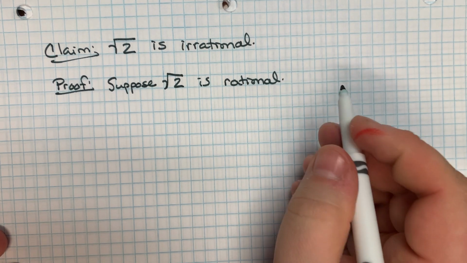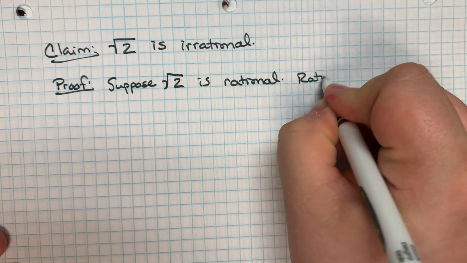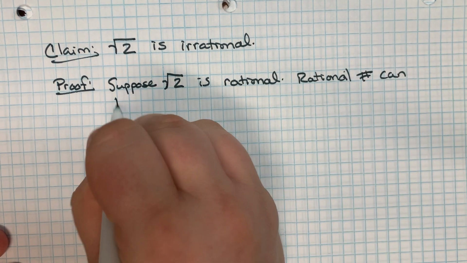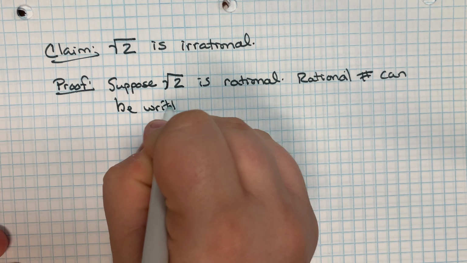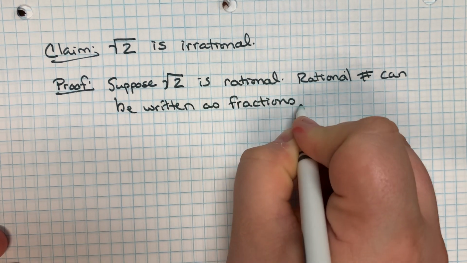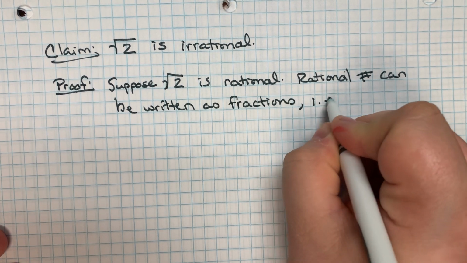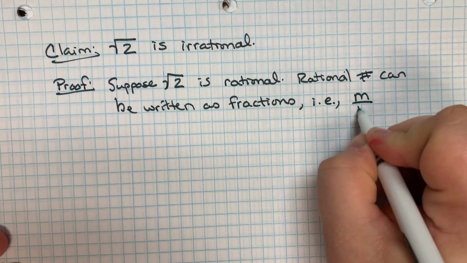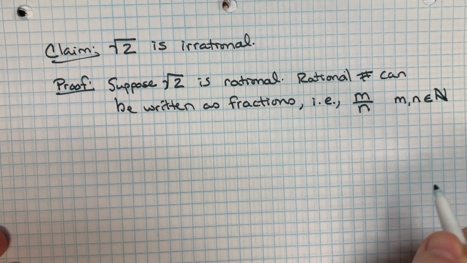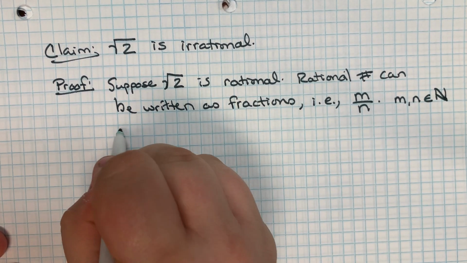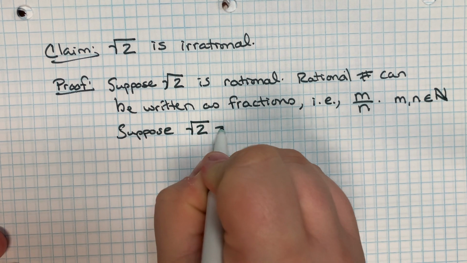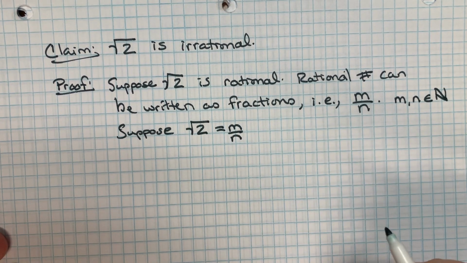So rational numbers can be written as fractions, i.e. m over n, with m and n both being natural numbers. So, in other words, we're supposing the square root of 2 can be written as m over n.